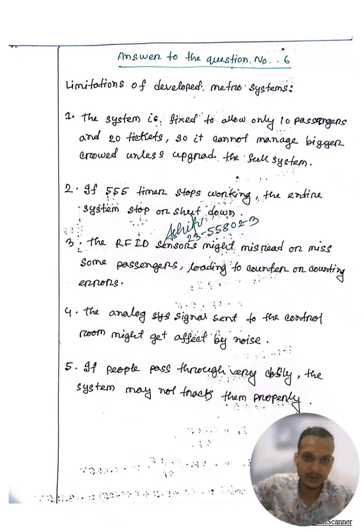The RFID sensor might mismatch or miss some passengers, leading to counter or counting errors. The analog signal sent to the control room might get affected by noise.